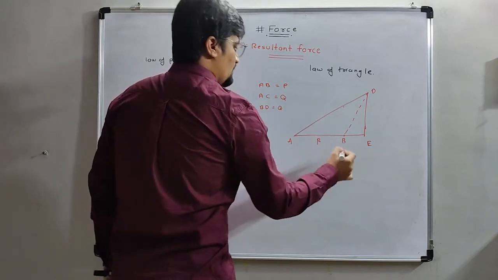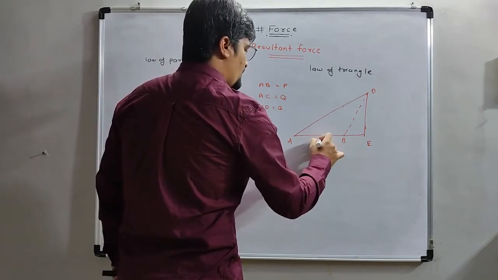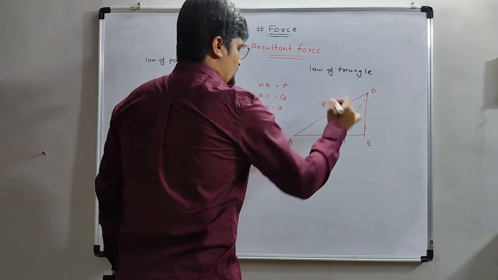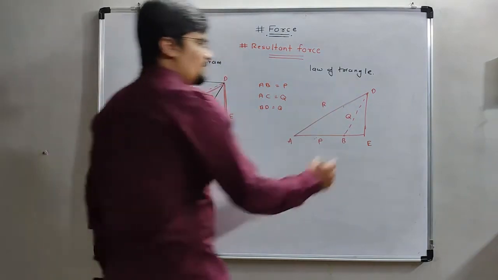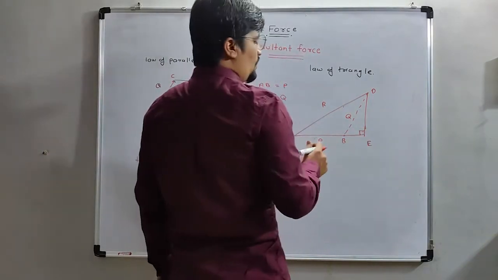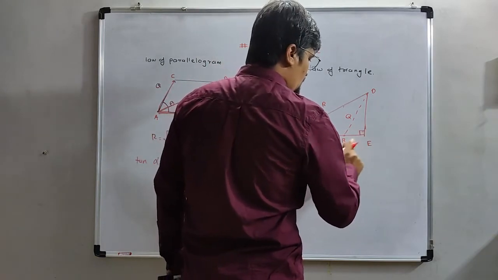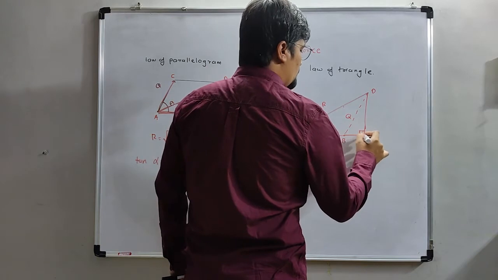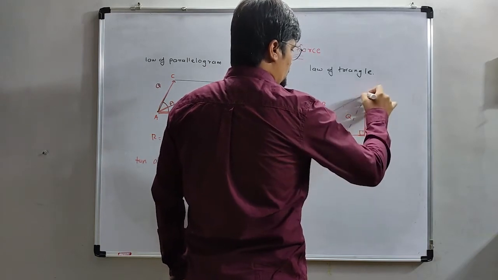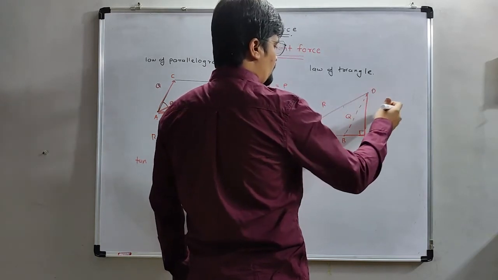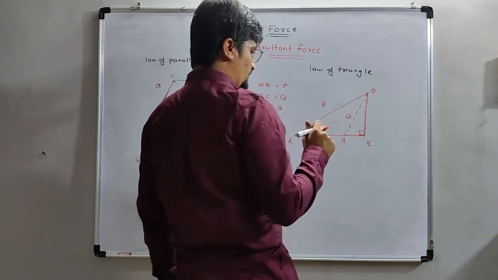This is P, this is Q and this is R. Now this is the right angle. It means this is the nearer side, this is the farthest side, and this is the hypotenuse.